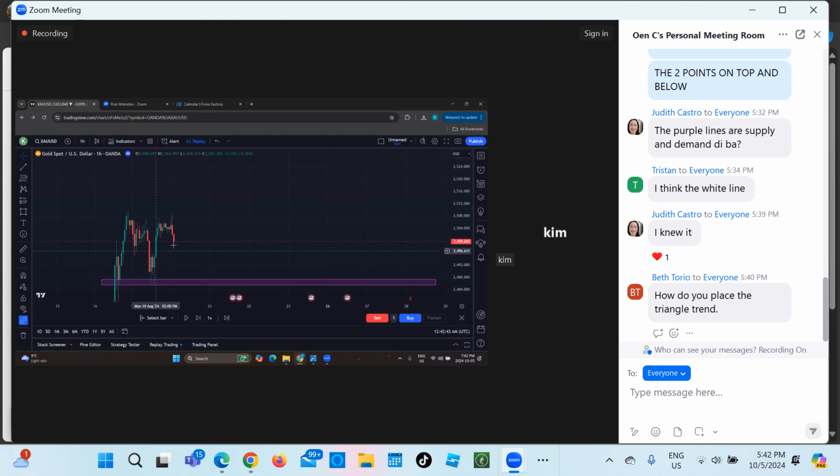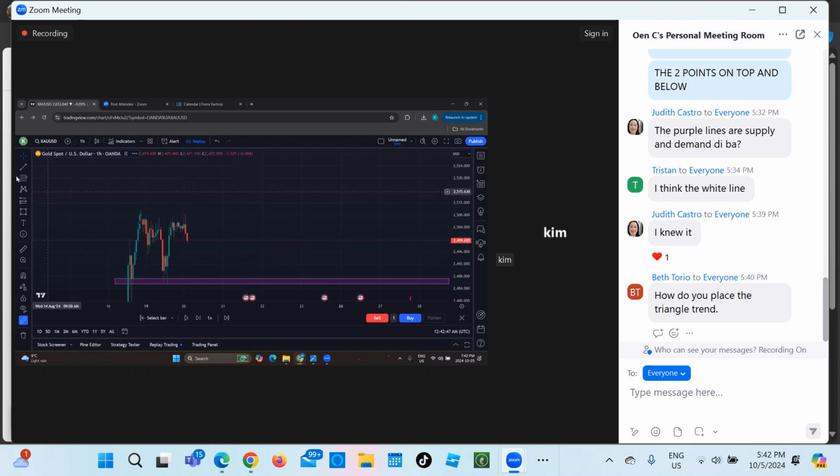Okay, so around this area is gonna be our second demand zone. Para sa akin, this is my strategy.